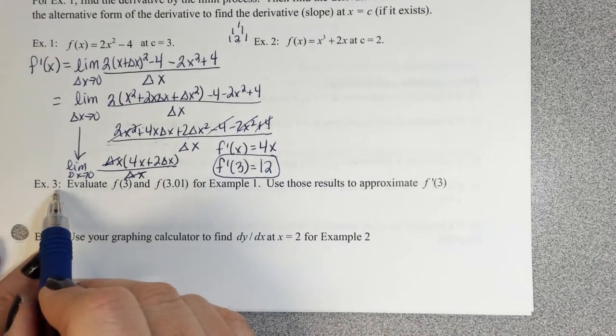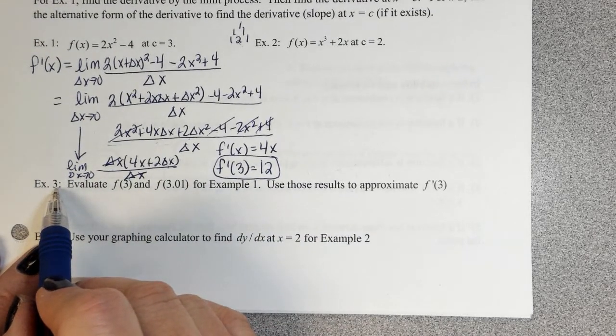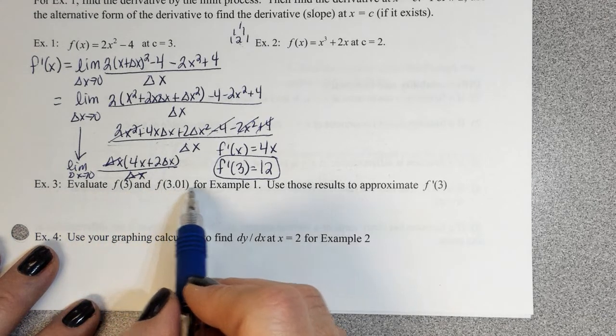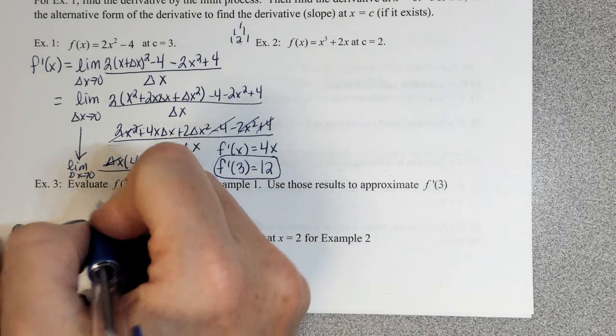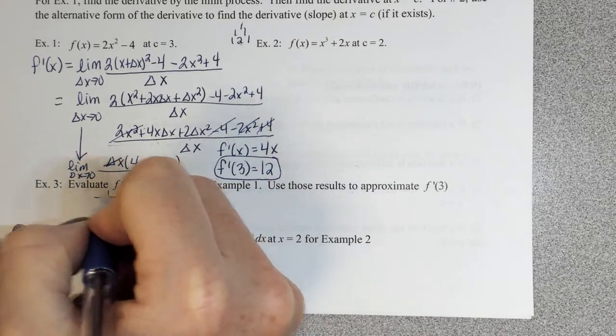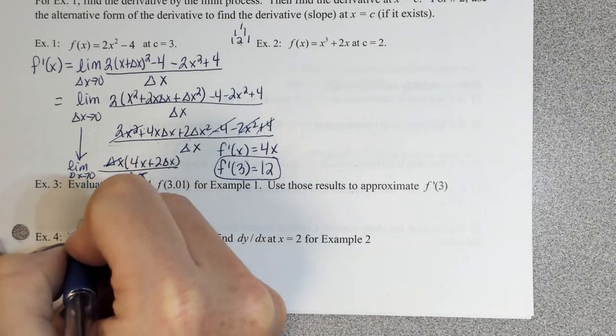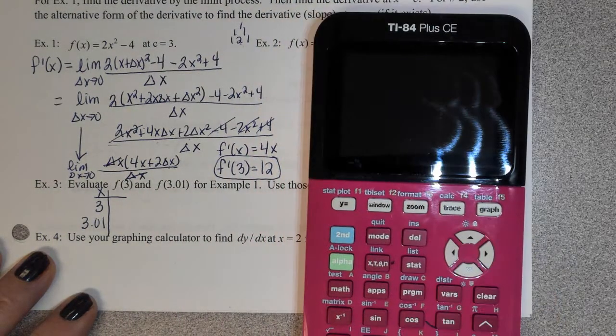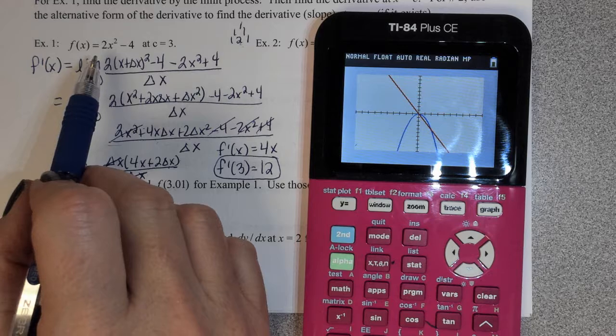We're going to come down here to example 3 next. It says evaluate f of 3 and f of 3.01 for example 1. So I'm going to make a table of values. I'm going to plug in 3 and 3.01 into that function from number 1.